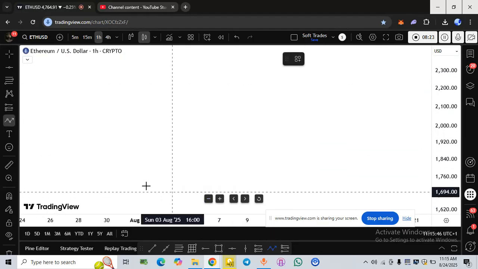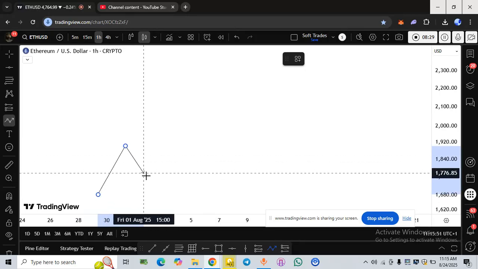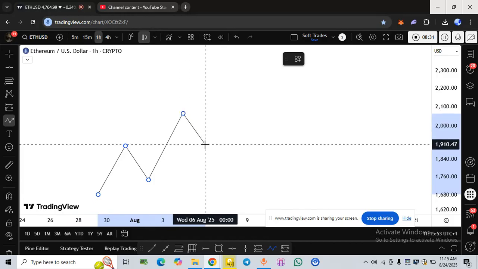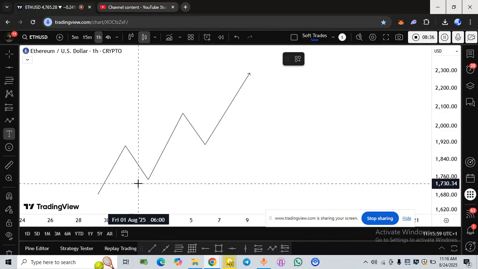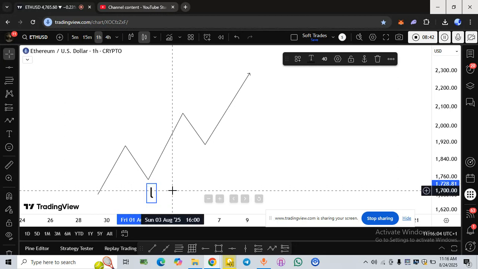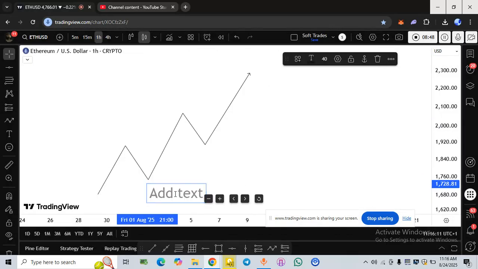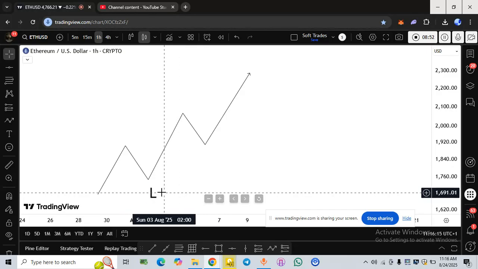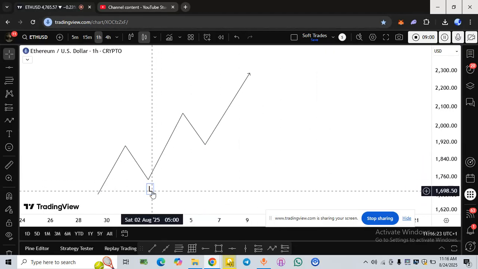I'm going to be using the bullish structure. So we have the origin of the structure. This area is normally referred to as the low.